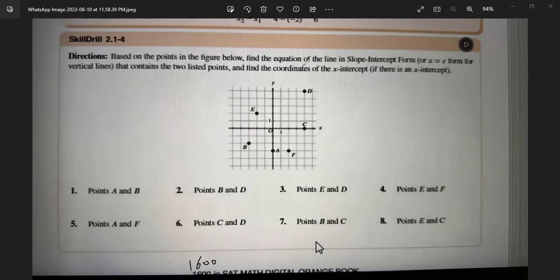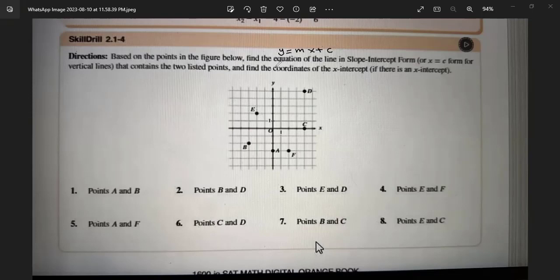Okay, this drill concerns what? Let us discuss the questions. Directions: based on the points in the figure, find the equation of the line in slope intercept form. This is the first requirement. He wants the formula y equals mx plus c.